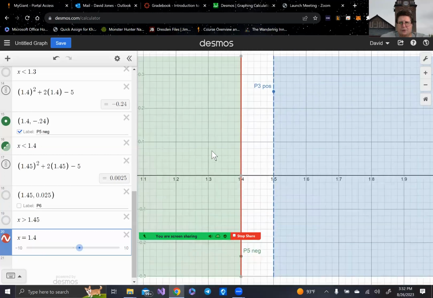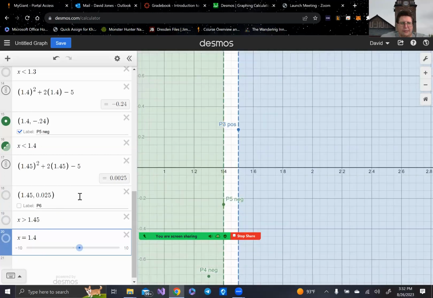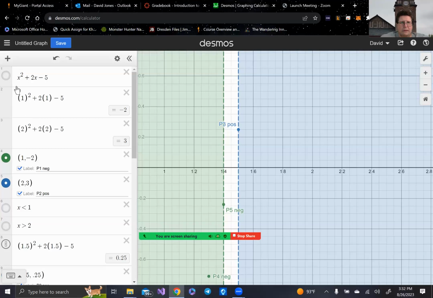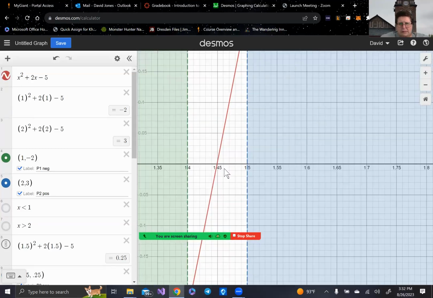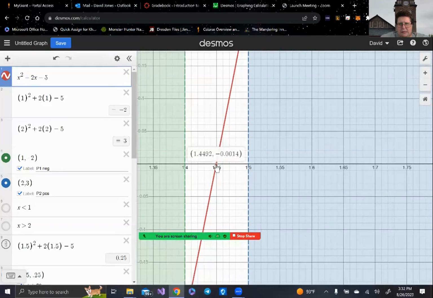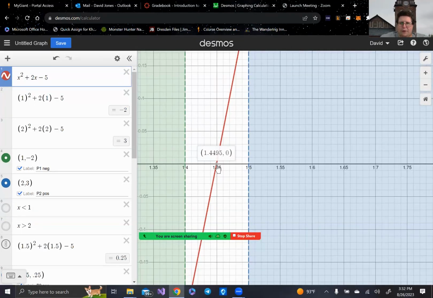So what does the actual graph look like? Where is it actually crossing? It's crossing at 1.4495. So rounding down to 1.4 is the correct thing.